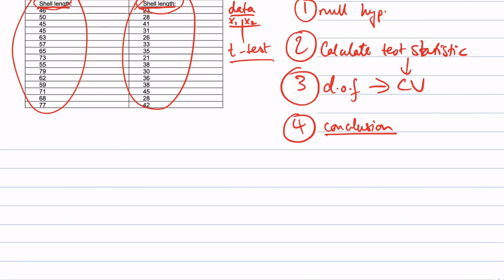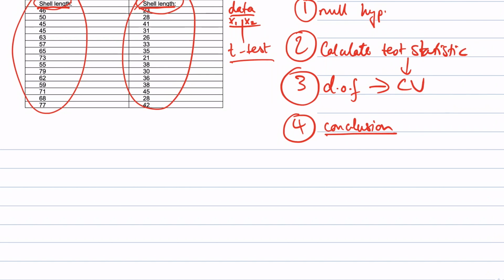Okay, so let us begin. Just a little bit of introduction to the t-test and what it's there to do. I think that will explain the steps that we have to go through. Now, the t-test, in terms of the number of steps needed, I think has the most.